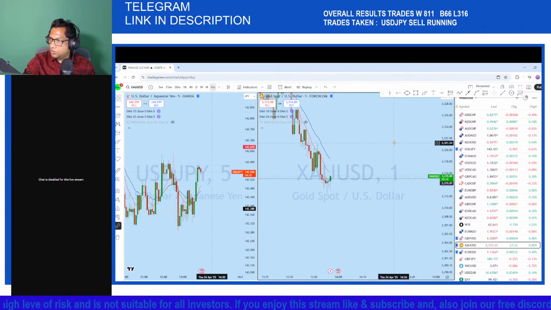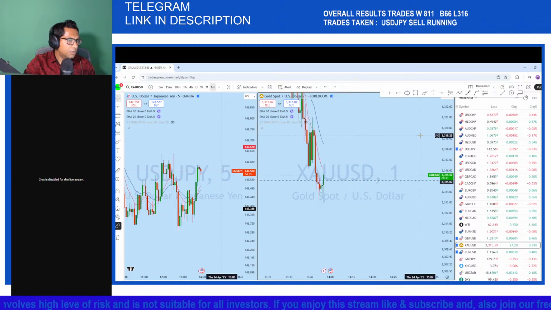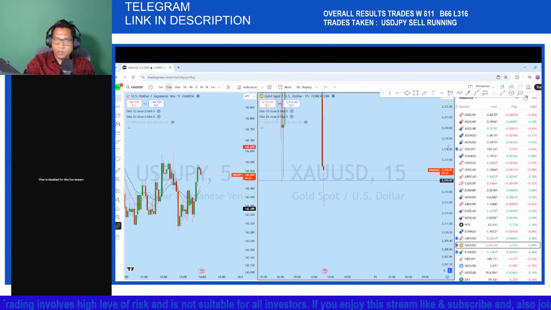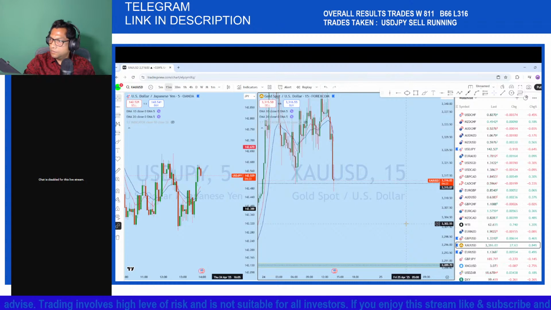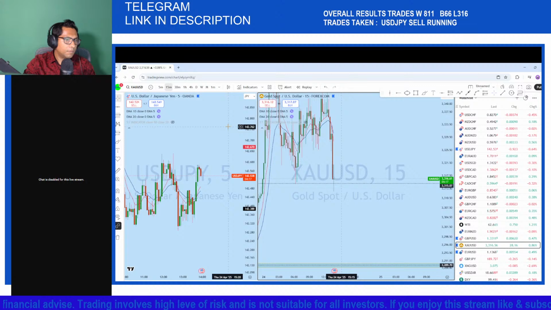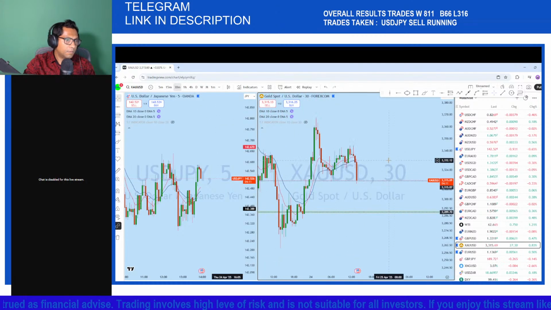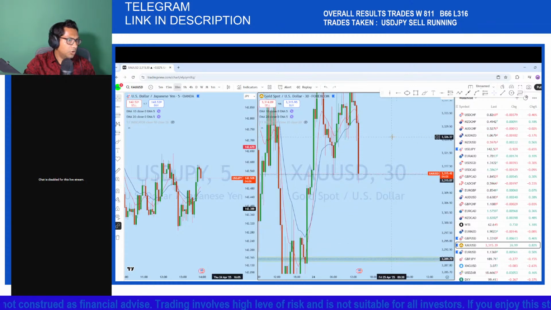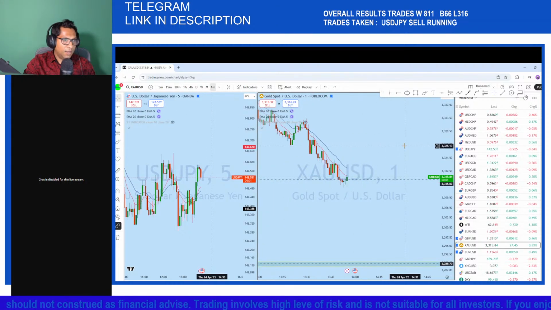Dollar yen starts to break below again, waiting for that possibly to happen.